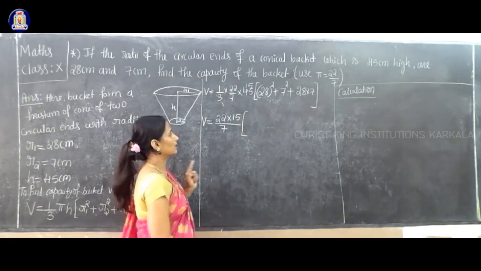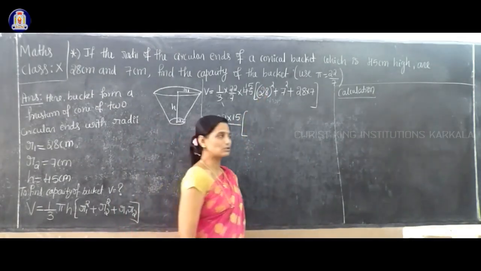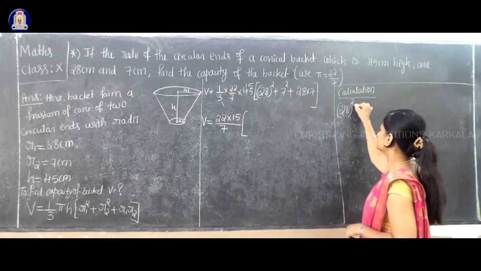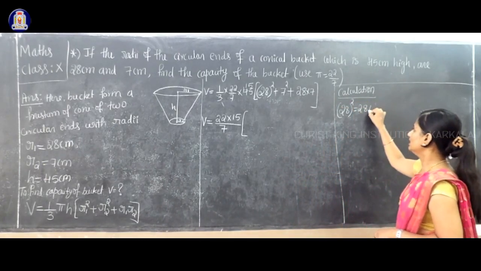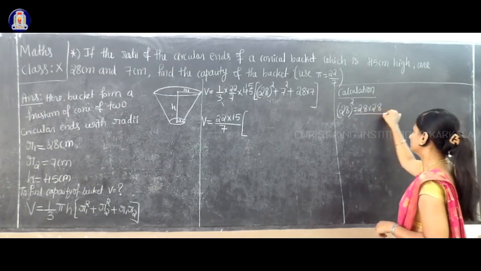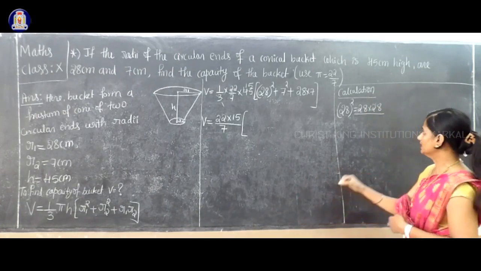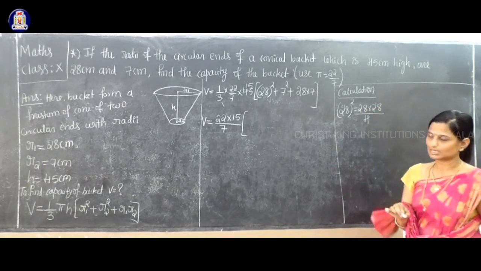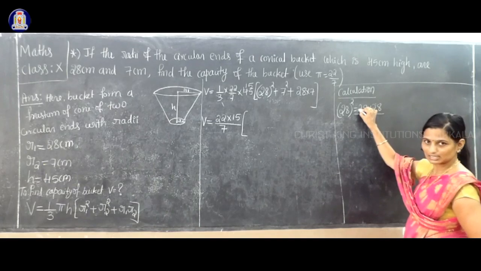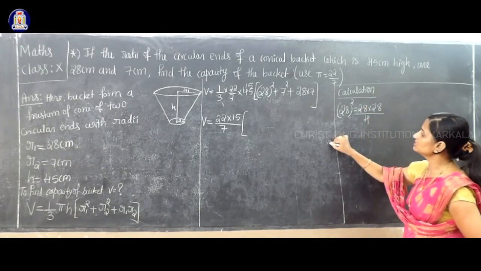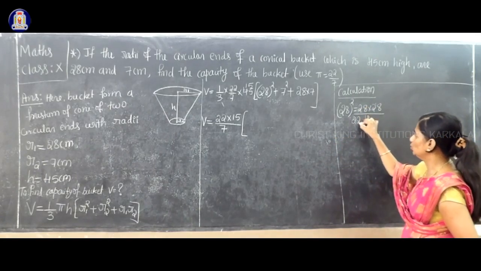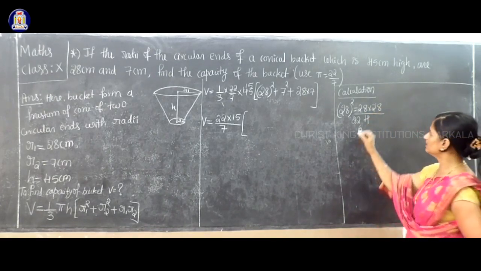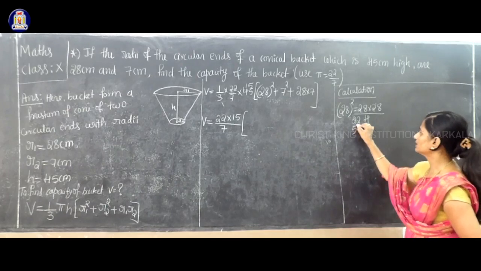Inside the bracket, 28 square means 28 into 28. 8 eights are 64, 6 carry, 8 twos are 16, 16 plus 6 is 22. 2 eights are 16, 1 remainder, 2 twos are 4 and it is 5.